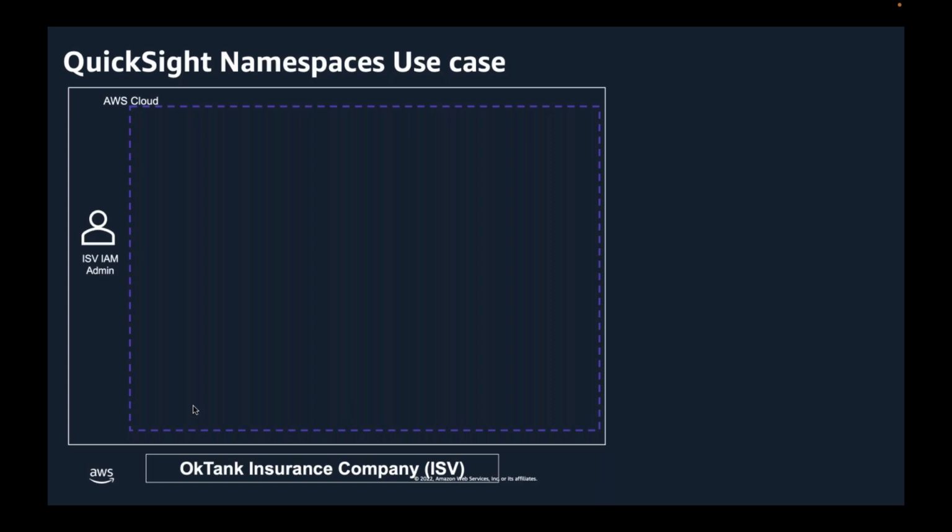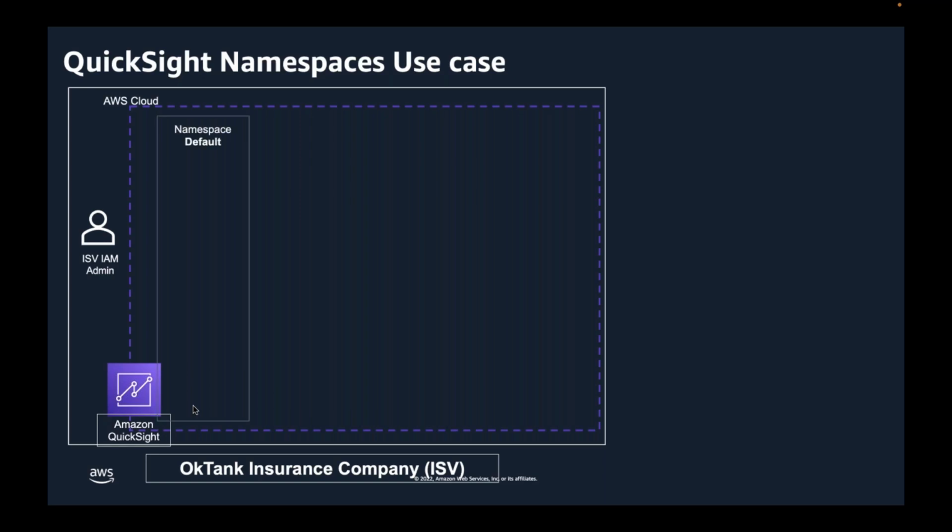They are a customer of the AWS Cloud, right? They have an IAM. So to create a QuickSight account, you need to have an IAM user who has admin privileges. So in this case, the ISV, which is OK Tank, has an IAM admin, and that admin signs up for QuickSight the first time, right? And as I was saying in the last slide, when you set up the account, a default namespace gets created.